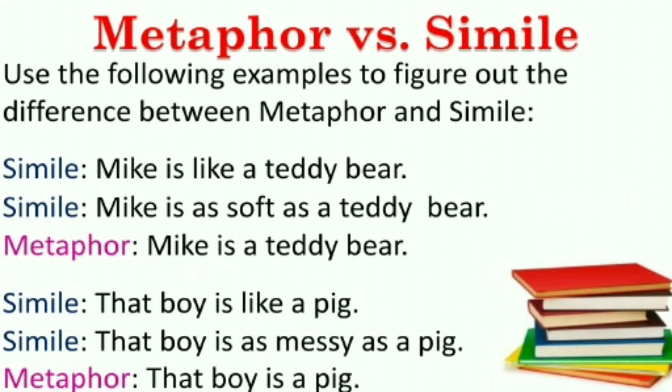Let's take an example. Mike is like a teddy bear. Mike is as soft as a teddy bear. Mike is a teddy bear. In the first two sentences, we compare Mike with a teddy bear by using like and as. Whereas in the third sentence, we directly compare Mike with a teddy bear. We said Mike is a teddy bear. So it's metaphor.